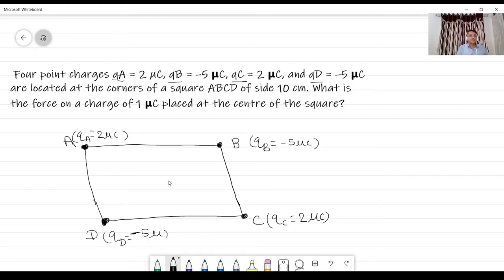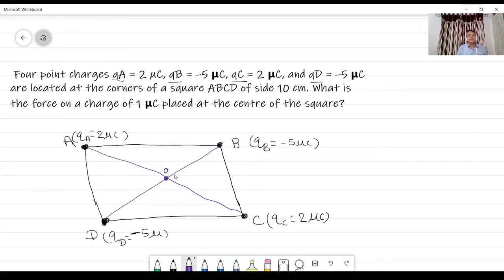If you geometrically interpret this, we know that the center point of a square is also the intersection point of the diagonals. So if I trace the 2 diagonals here, the intersection point of these diagonals is the center point of the square. Let's suppose this point is given by point O.